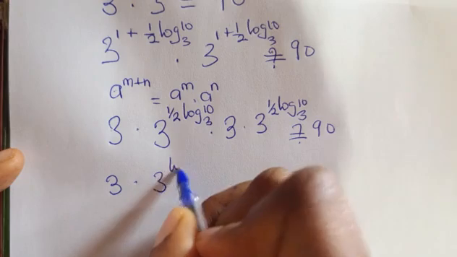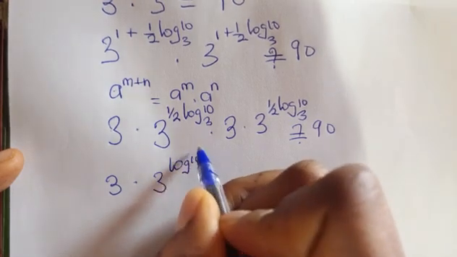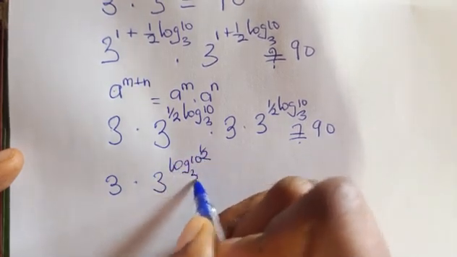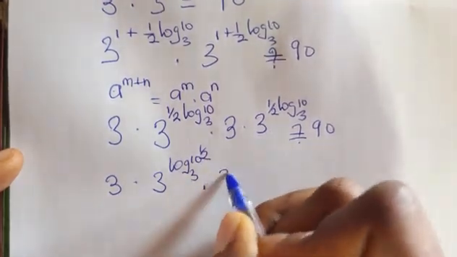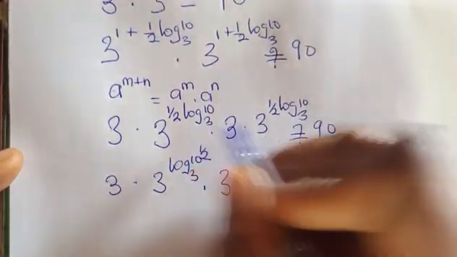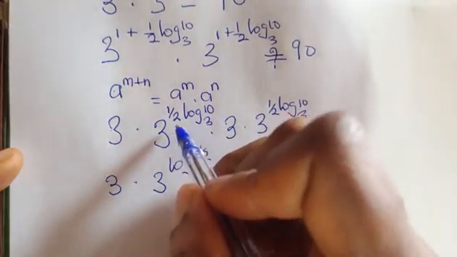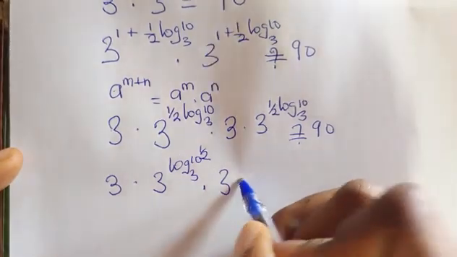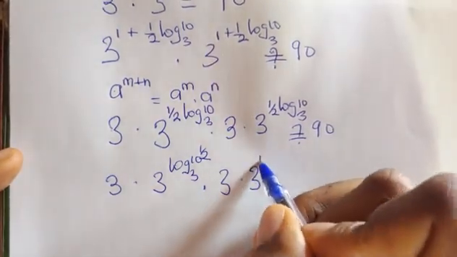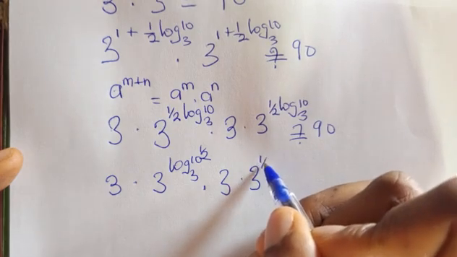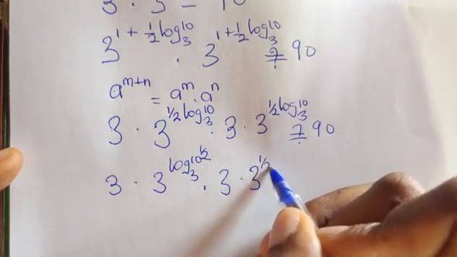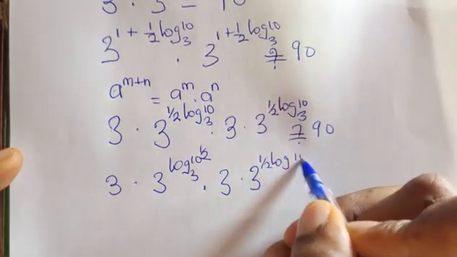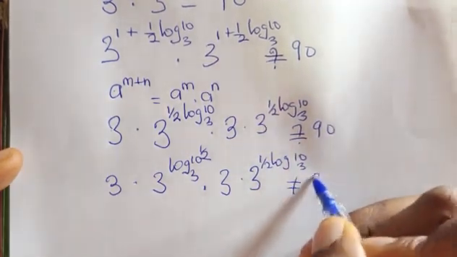We'll have log 10 raised to power 1 over 2 to base 3. We repeat the same thing for the second one.